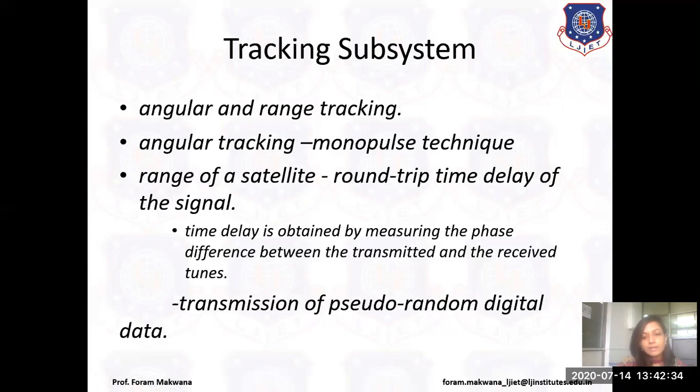This time delay is obtained by measuring the phase difference between the transmitted and the received signal. So in this tracking subsystem, we measure the exact angle of the satellite and its range.